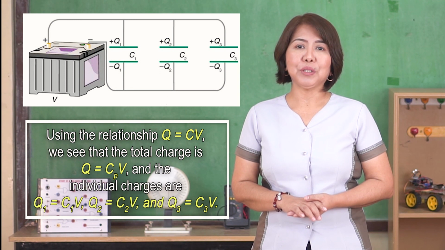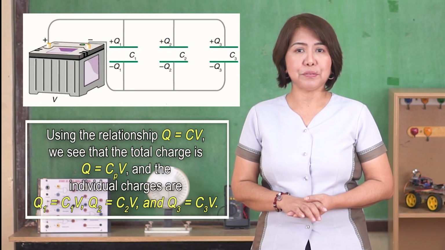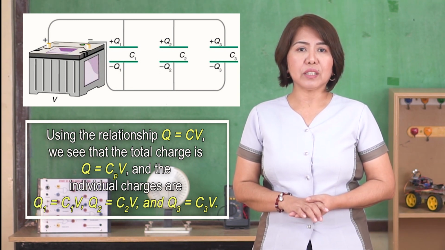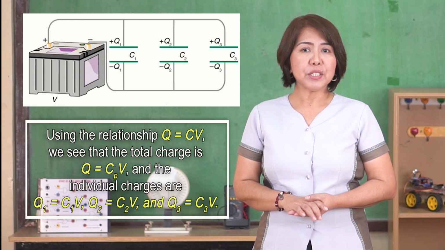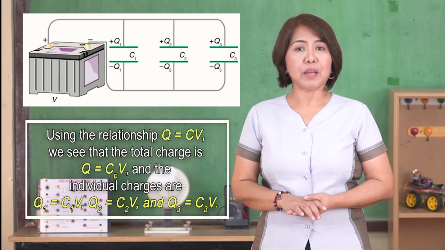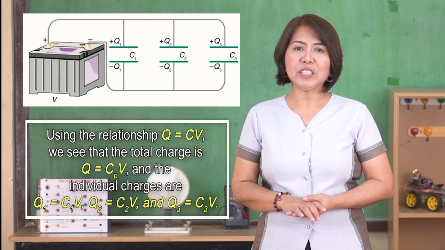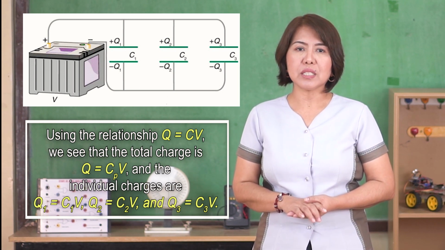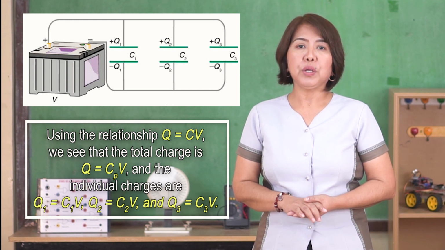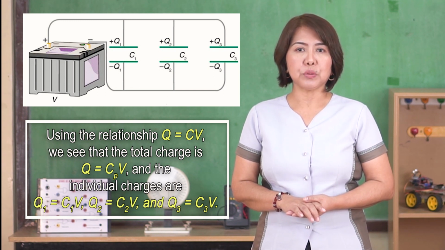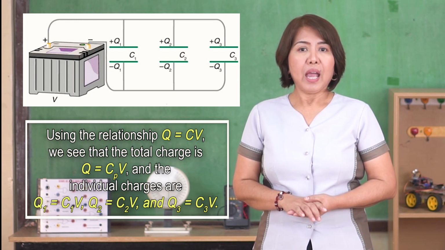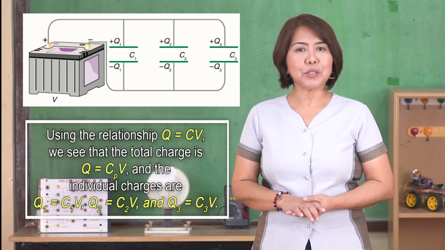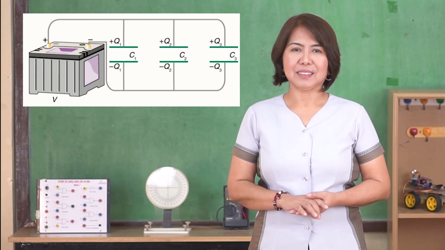Using the relationship Q is equal to C times V, we see that the total charge is Q is equal to C sub P times V, and the individual charges are Q sub 1 is equal to C sub 1 times V, Q sub 2 is equal to C sub 2 times V, and Q sub 3 is equal to C sub 3 times V.